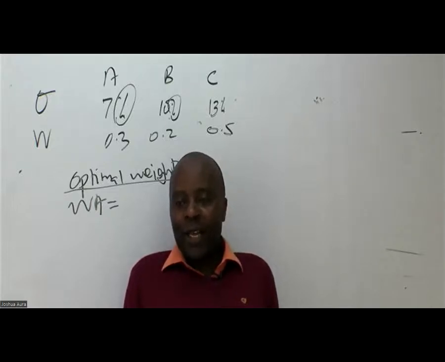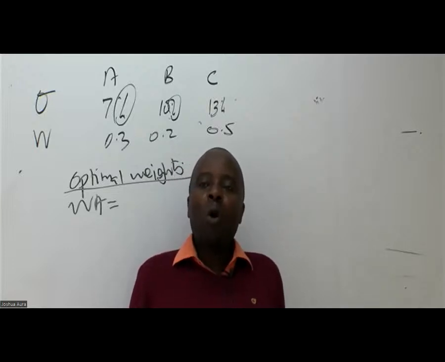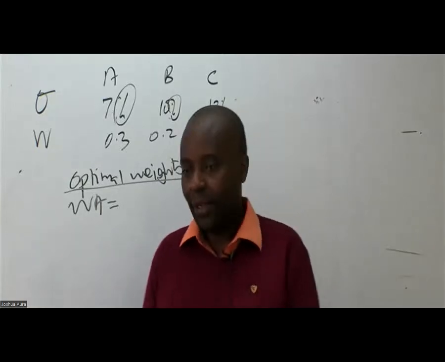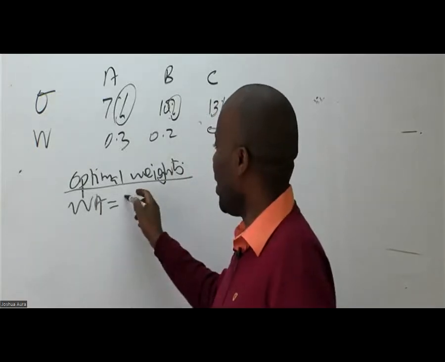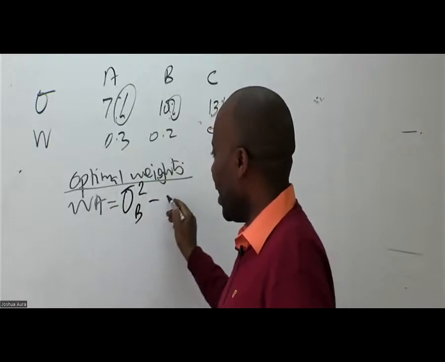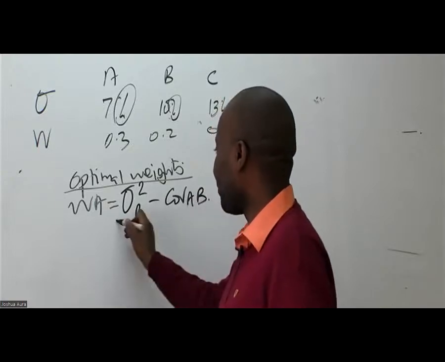Variance of B. I like what Lilian is saying there. Lilian has caught this. You know that when asked for the weight of A you must start with variance, isn't it? So we have variance, and it can't be variance of A, it will be variance of B, minus covariance between AB, all over.